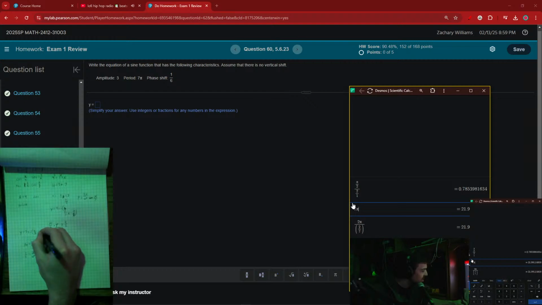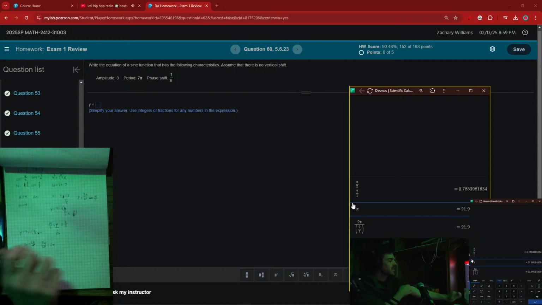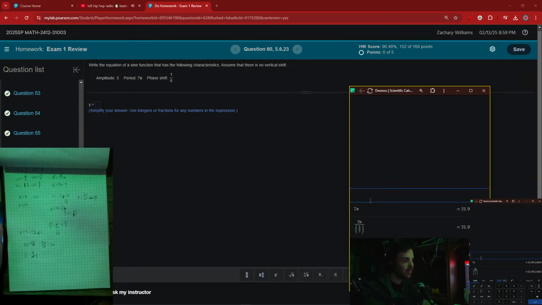X minus. So now we need to find how to make 1/6 times 2/7 equals what? I really should not be using Desmos for this because this app is too overpowered.